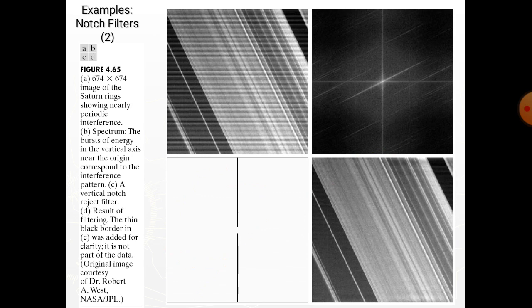We isolated the frequencies on the vertical axis using a notch pass version of the same filter, which is in figure A. Figure B shows that the IDFT of these frequencies yielded the spatial interference pattern itself.